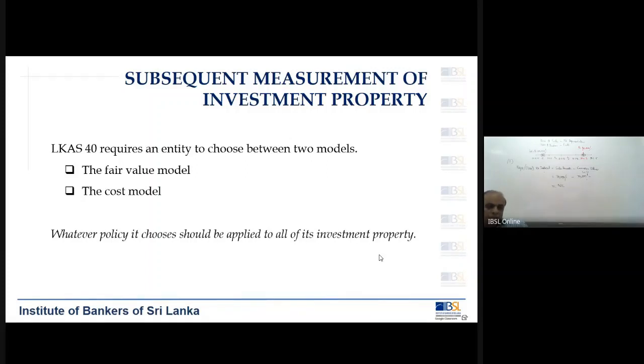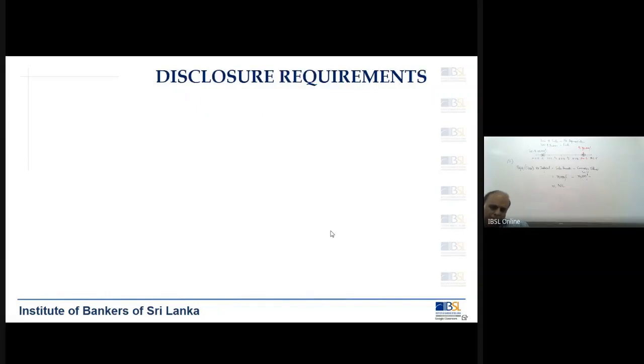So you can't decide to revalue only the 3 buildings. No. Here also, depending on where you have the investment property, you can't decide to revalue them differently. If you have decided to apply the fair value model, then it has to apply to all the investment properties. You can't exclude any of those properties.